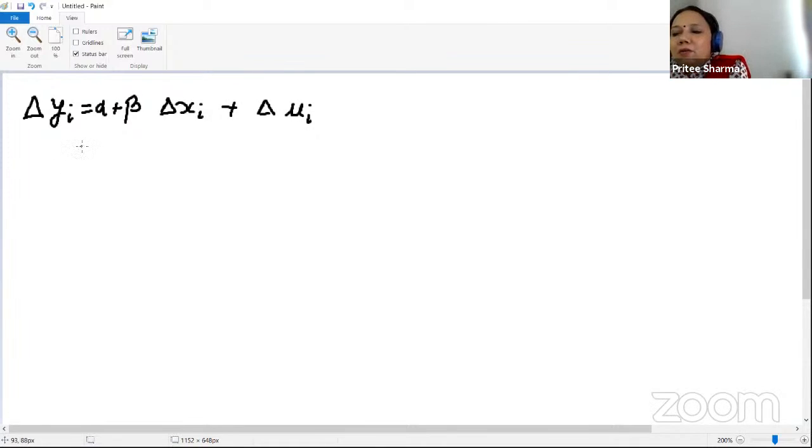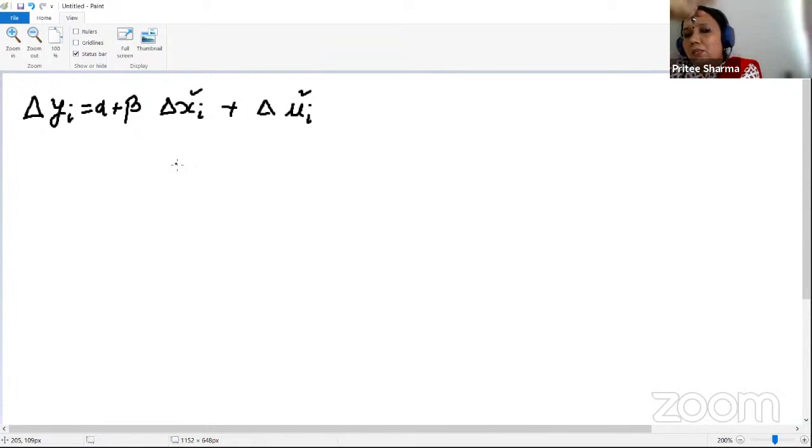Now here, what we want to see in this equation is that we know there is no correlation between the xi's and the error term. But another thing is that there should be some variation across the i's.